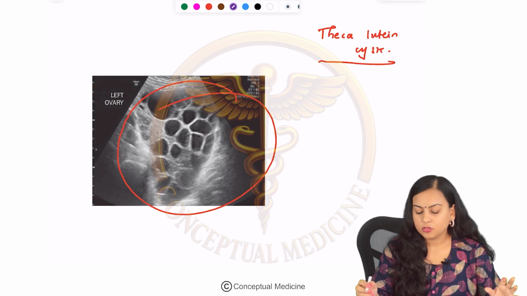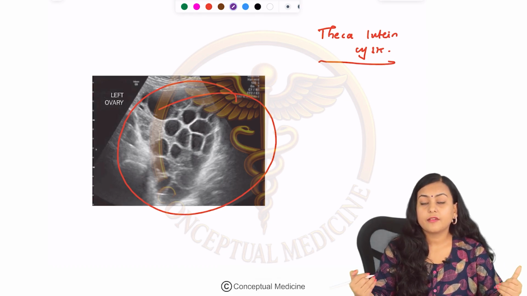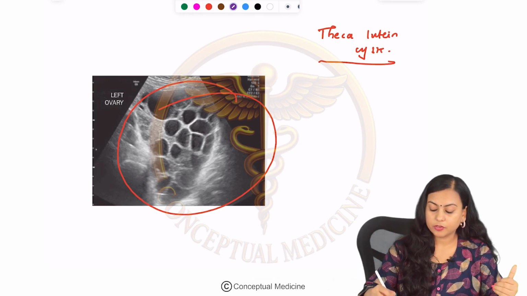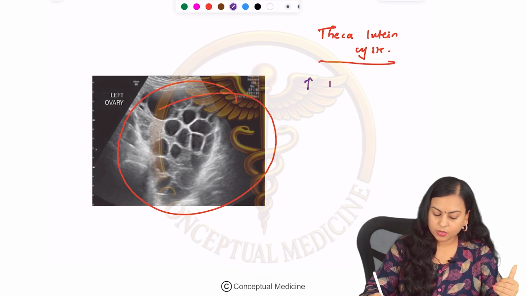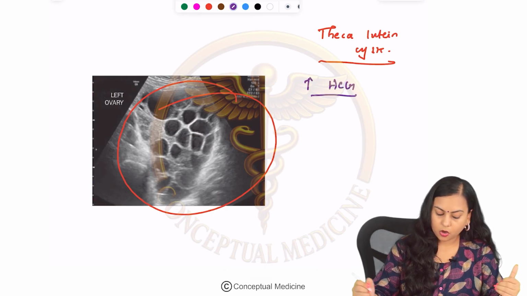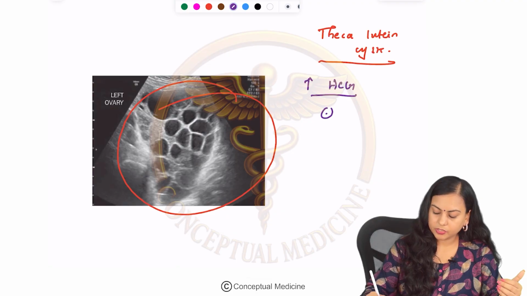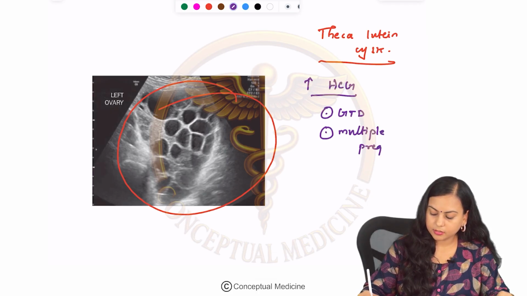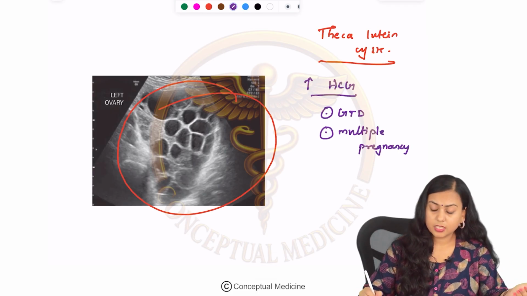So theca lutein cysts are seen in such a way whenever the patient is suffering from a condition where there is secretion of excessive human chorionic gonadotropin hormone. For example, in conditions like gestational trophoblastic disease or multiple pregnancy, okay, like that. Even in your OHSS, she can have this.